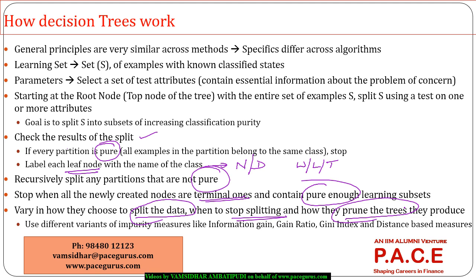The different algorithms developed in this field vary in all these aspects. They use different variants of impurity measures. I can use information gain, which is purely based on the concept of entropy. They use something like the Gini index, the gain ratio, and distance-based measures. Different algorithms use different kinds of mechanisms.